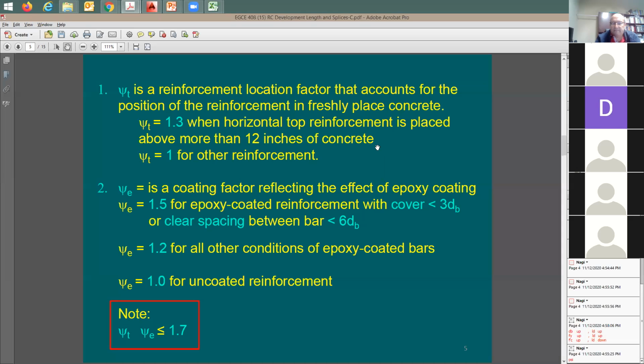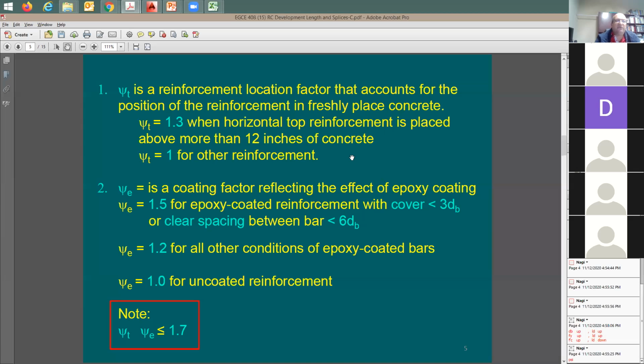Alexis. Oscar, go ahead, answer. No, I was just going to ask you, can you repeat that question again? For columns, when you have vertical rebars, which psi sub t should I use? I think 1. It's going to be 1, absolutely, because it says here horizontal top reinforcement, and this one says all other reinforcement.